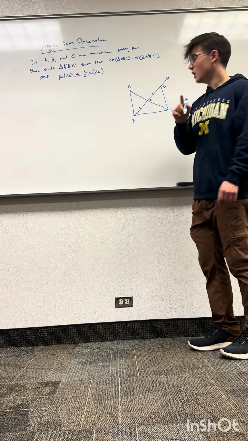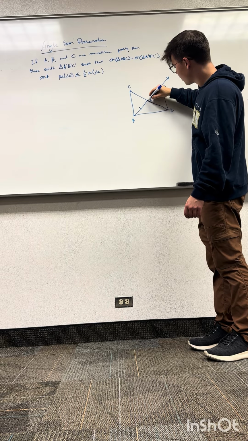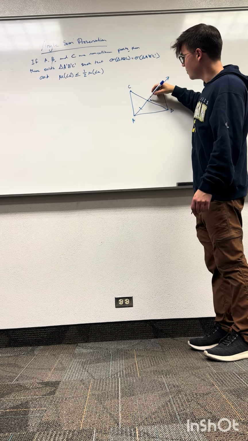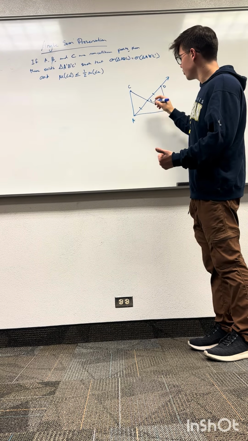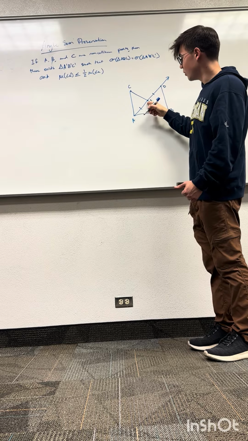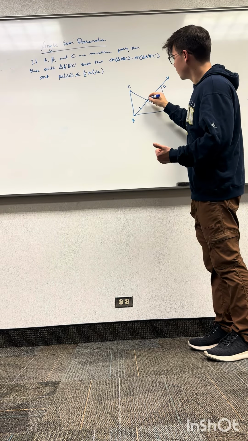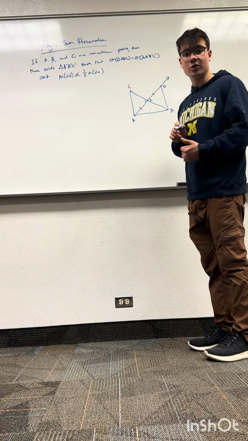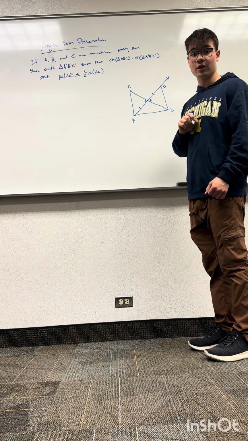And notice that E is an endpoint for the ray EB and an endpoint for the ray EC, and that they're opposite rays. Also notice that E is the endpoint of EA and ED, and that those are opposite rays. So therefore, by vertical angles, we know that these angles are congruent.